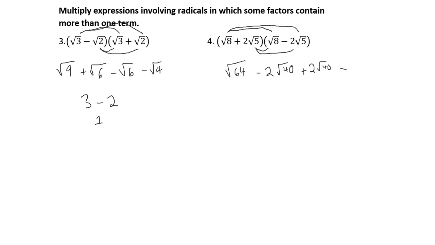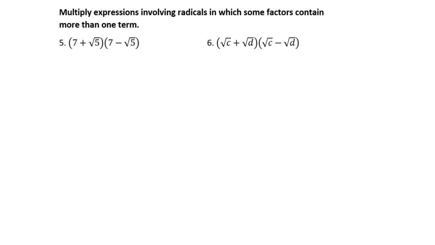And here gives us negative, and be careful when you do this because it's 2 times 2, which is 4, square root of 25. Our middles cancel out again, and then we end up with 8 minus 4 times 5, 8 minus 20, which is a negative 12.